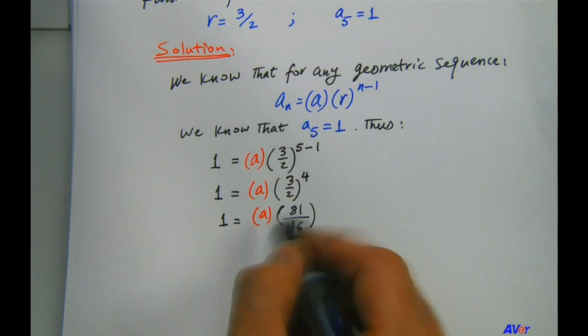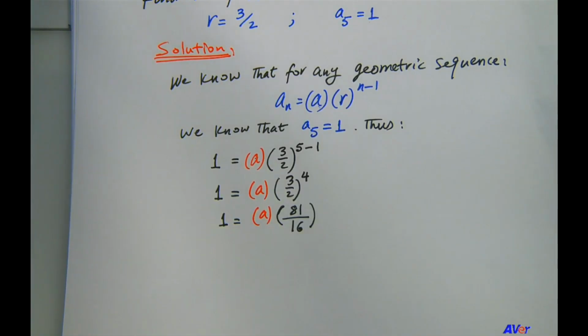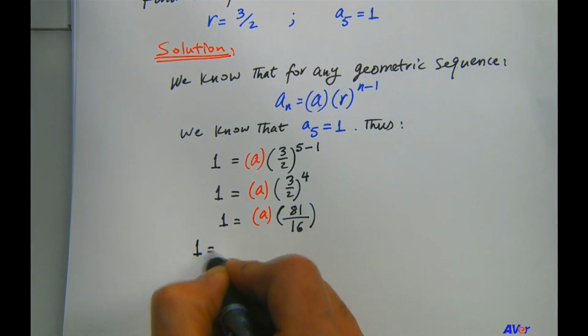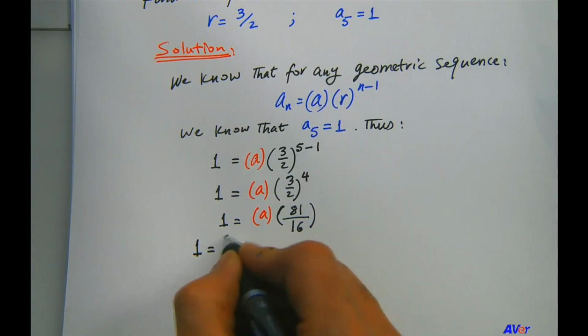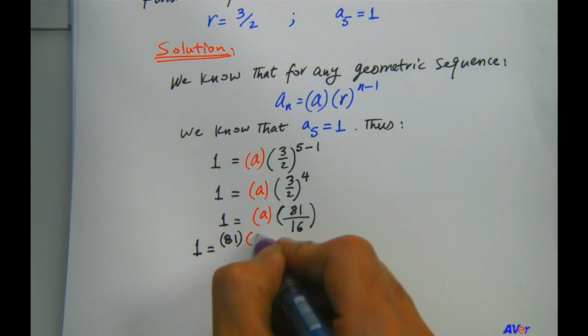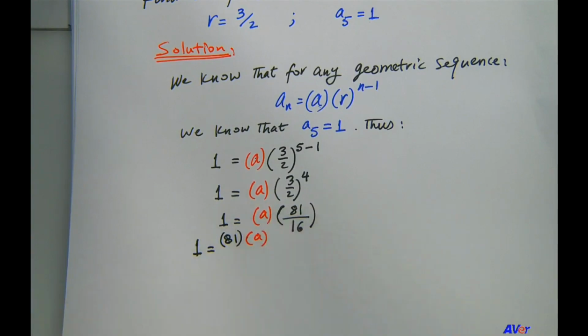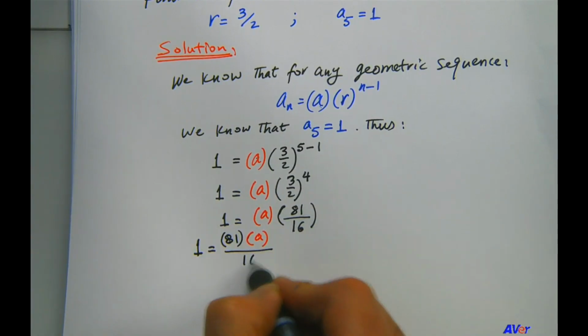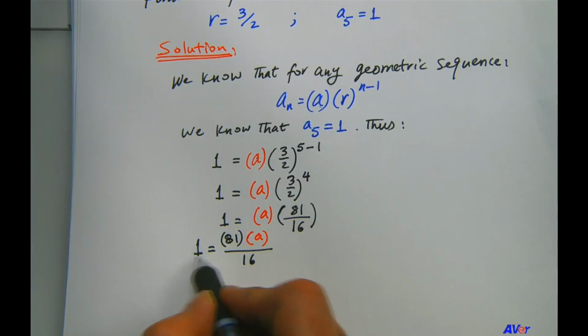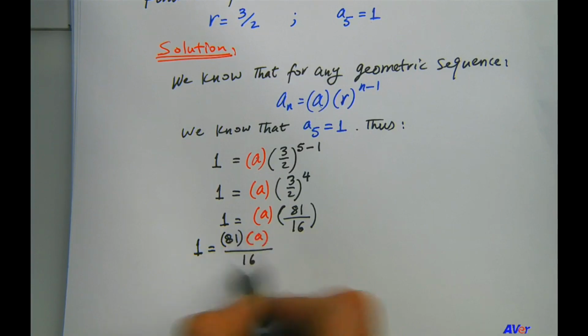All right? And then what do we have? We have 1 equals 81 times A over 16, right? That's what we have. So the denominator of 1 on this side is 1. We have 1 whole fraction on the other side.